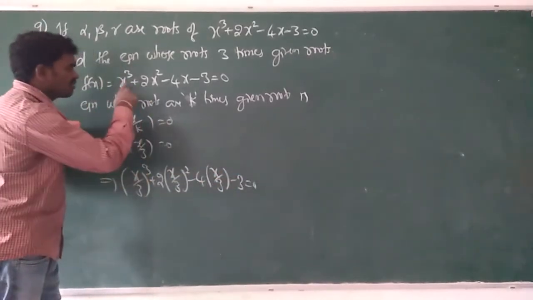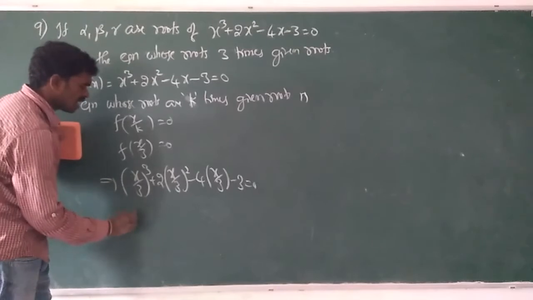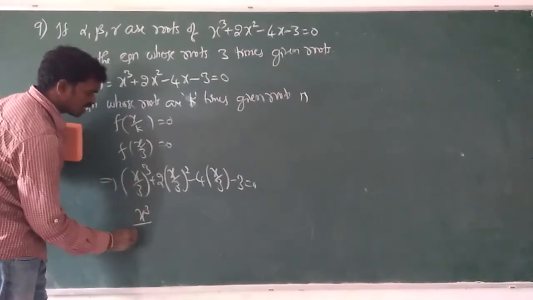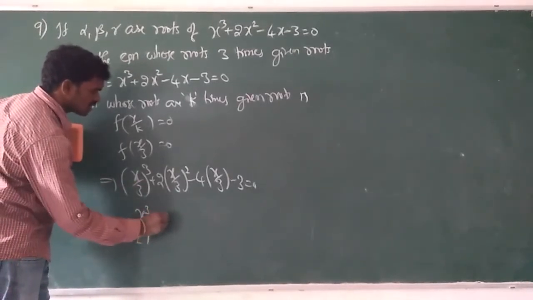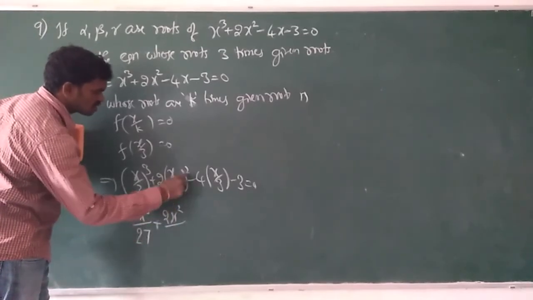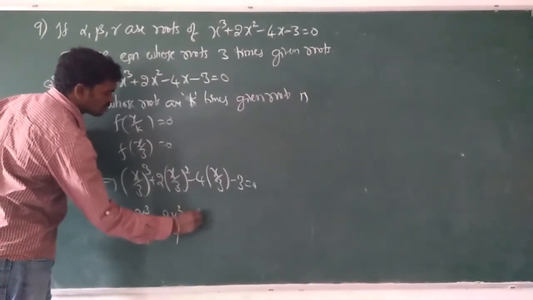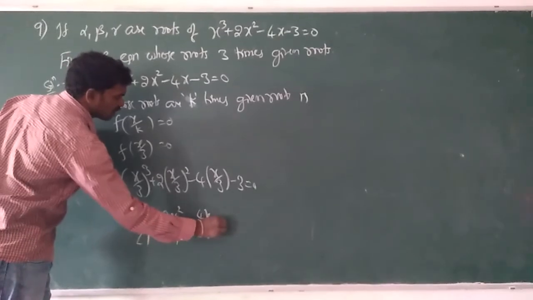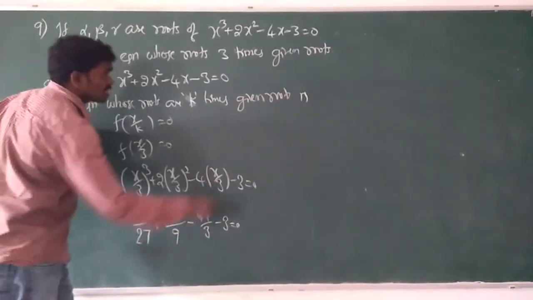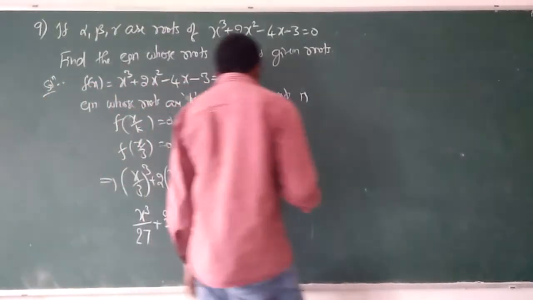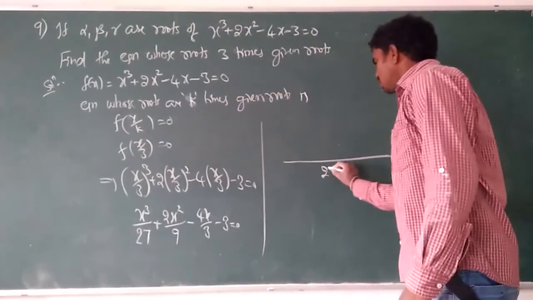In place of x, I substitute x by 3. x cube by 3 cube means 27, plus 2x square by 3 square means 9, minus 4x by 3, minus 3. What is the LCM? 27. So 27 is the LCM.